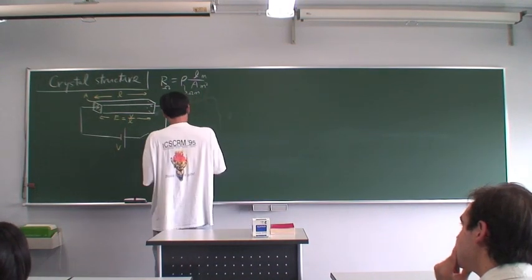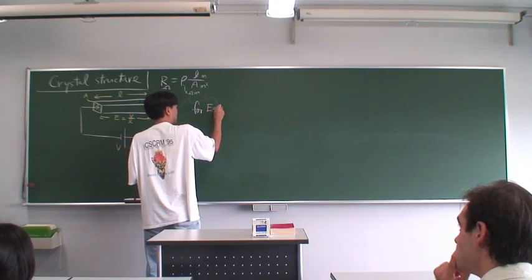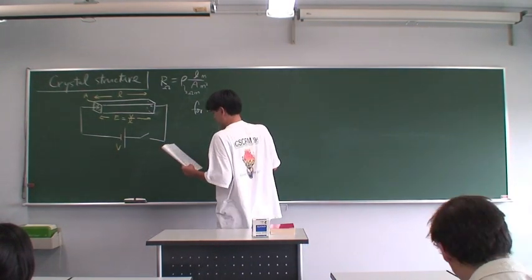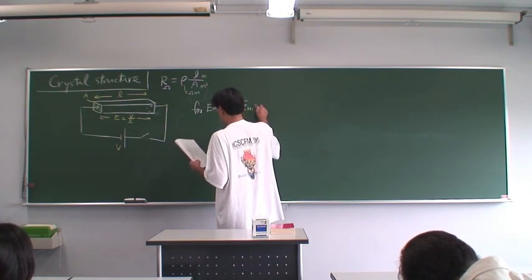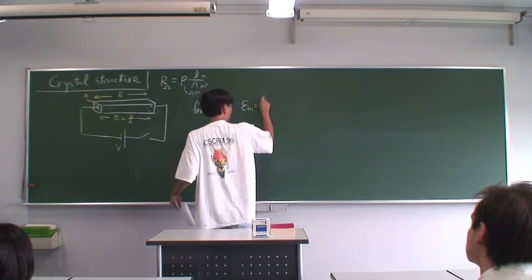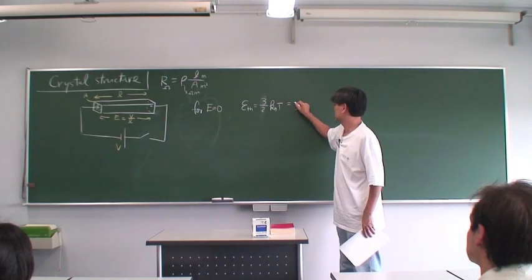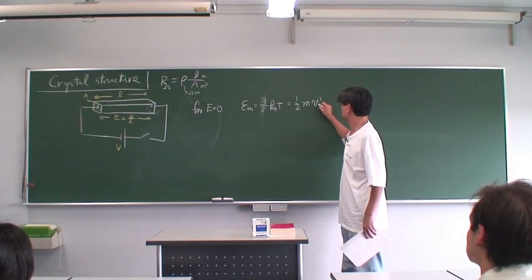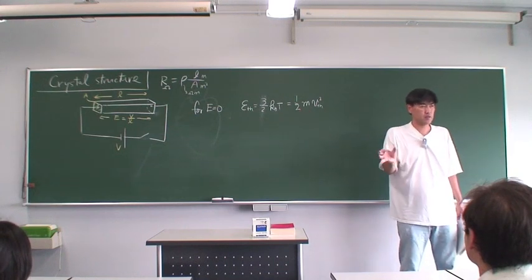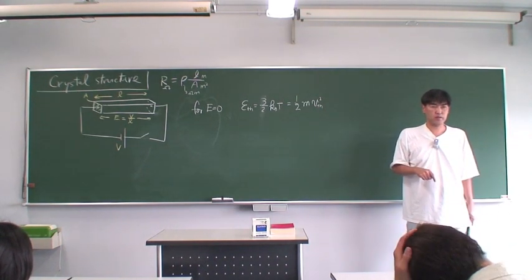So in this case, for E equals 0, electric field 0, we have so-called thermal energy, which is given approximately by 3/2 Boltzmann constant times temperature. That gives motion, this energy is transferred to electrons, so that m is the electron mass, and v is the velocity of the electron.